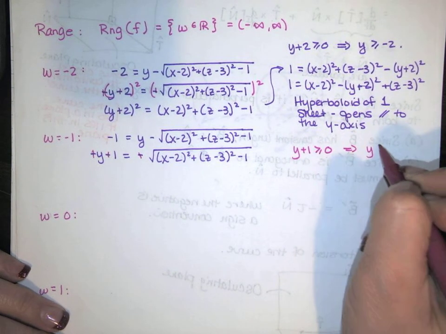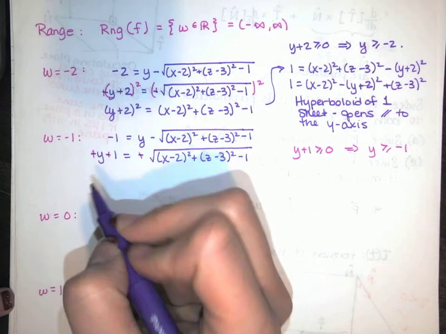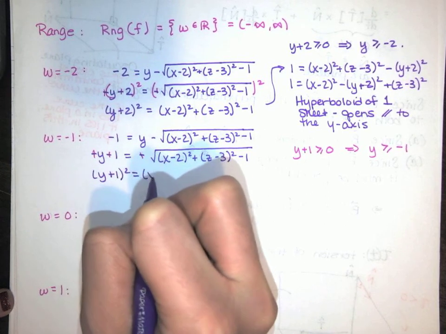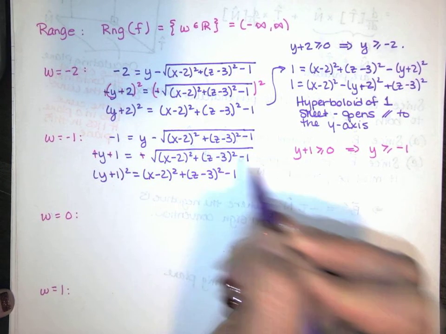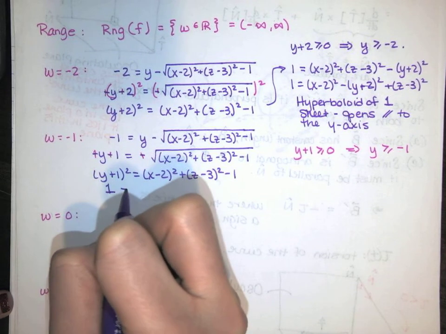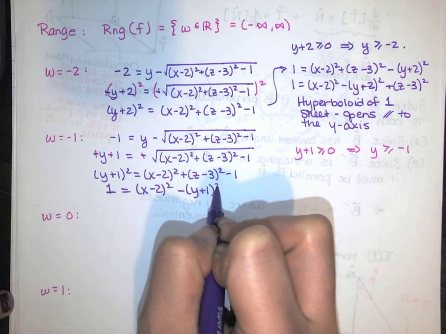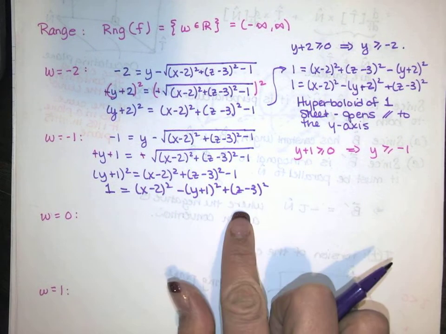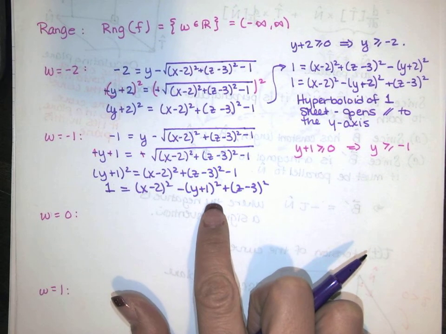So y has to be greater than or equal to negative 1. And then when we square both sides, we get this. So I have 1 equals x minus 2 squared minus the quantity y plus 1 squared plus z minus 3 squared. And that is another hyperboloid of 1 sheet opening parallel to the y-axis.